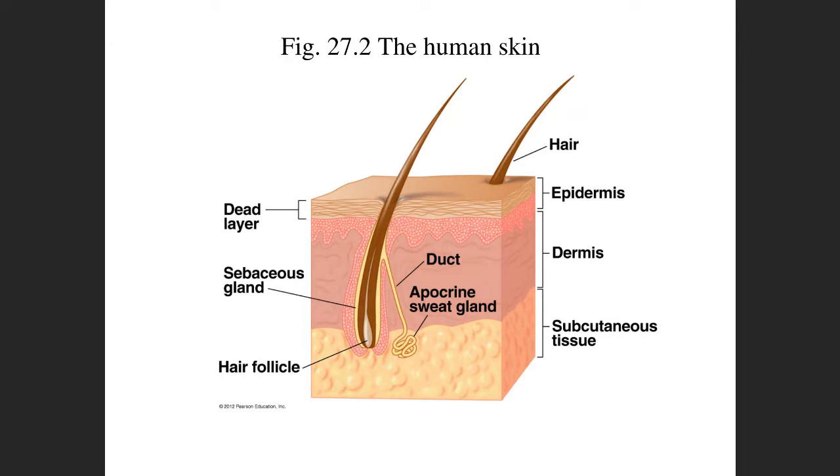You have the epidermis, dermis, and the skin on the surface is very dense. No bacteria can really penetrate. Okay. Now the weakness on the skin for infection is these hair follicle glands.